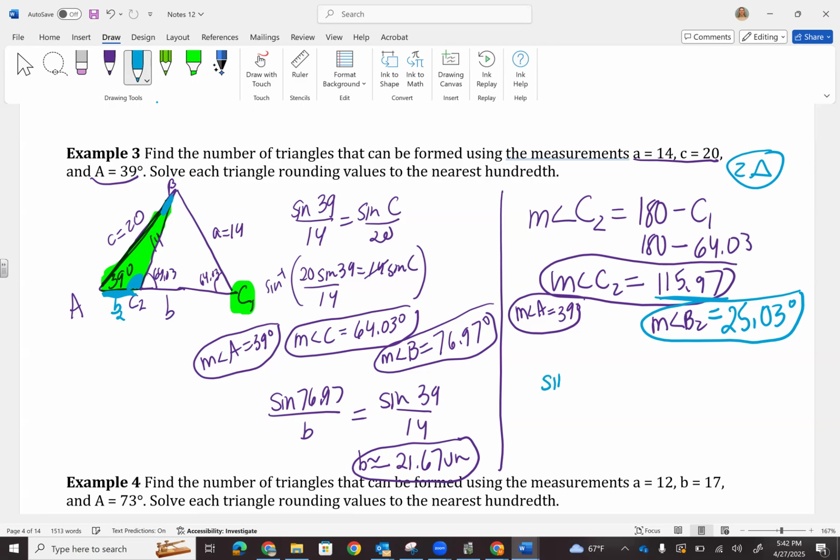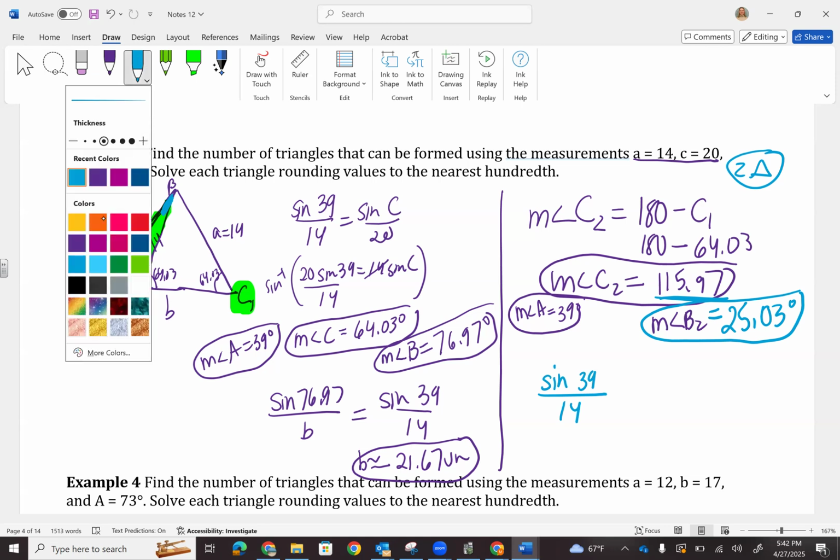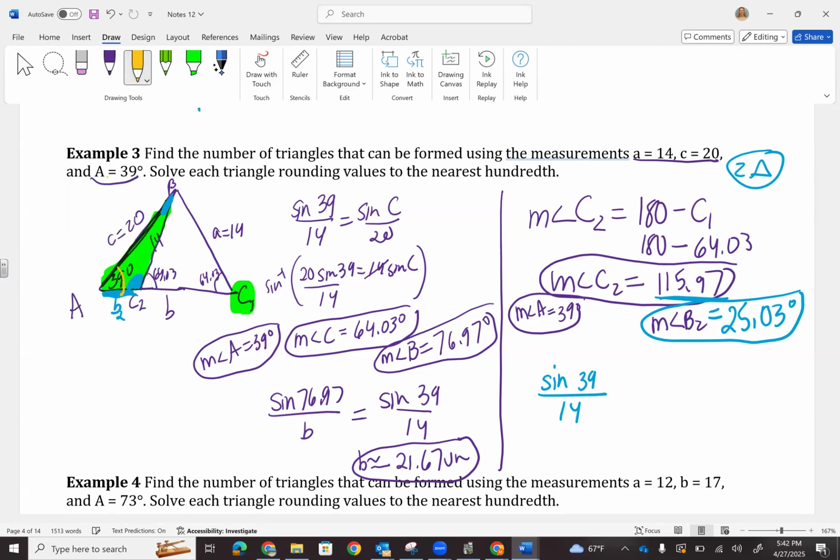We're going to say the sine of 39 degrees goes with the length of 14. Again, that was given. I'm going to grab a marker and highlight that for you guys. All right, here we go. They gave us 39, and we know that goes with 14. This equals the sine of B2, which is 25.03, over that bottom little segment B down here at the bottom.